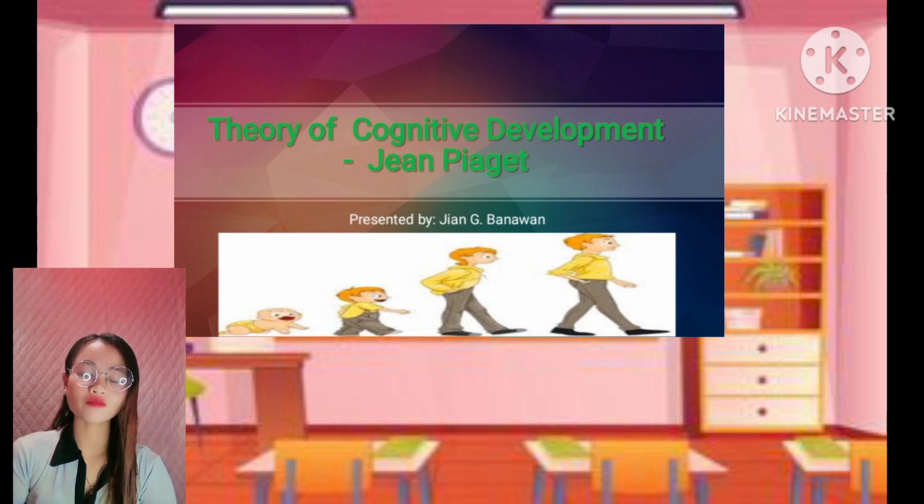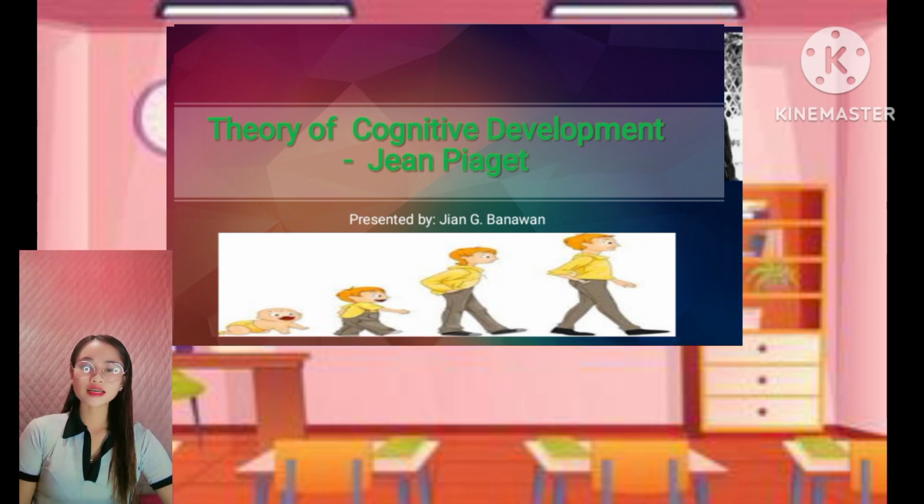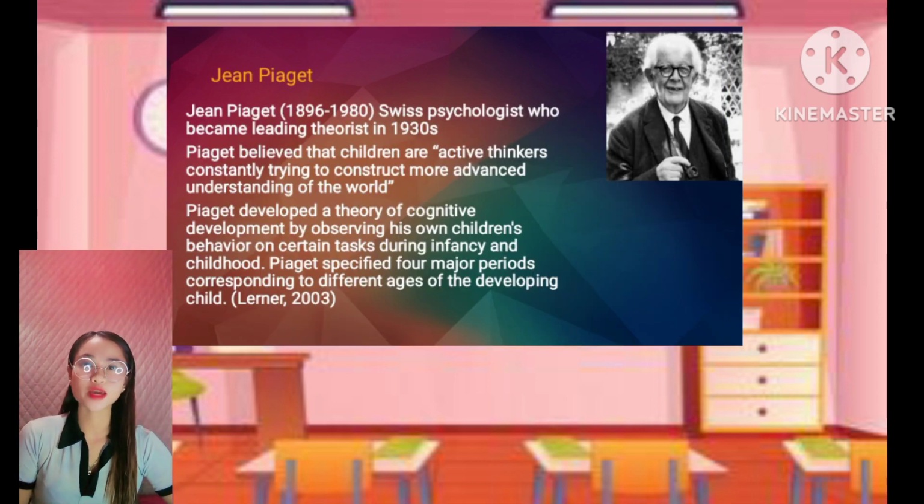First and foremost, before we talk about the different stages of development, let's have a quick review of what theories are all about. We all know that Freud is known for psychoanalytic theory. So Piaget, or Jean Piaget, 1896 to 1980, is a Swiss psychologist who became a leading theorist in the 1930s.